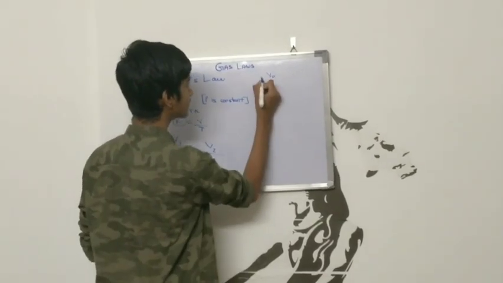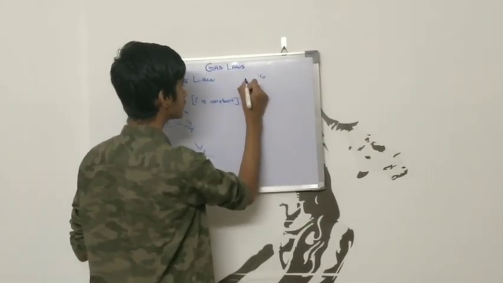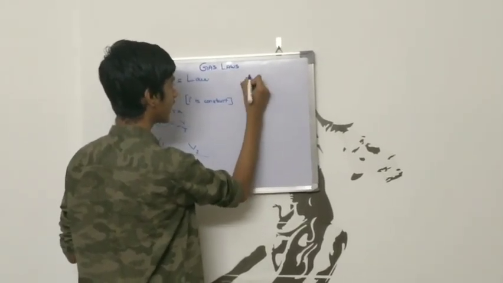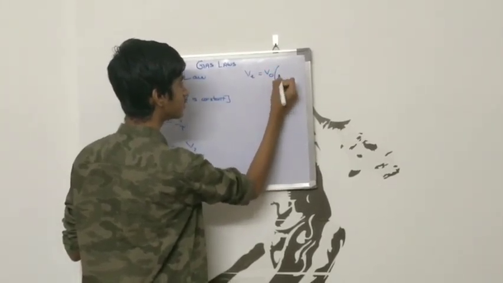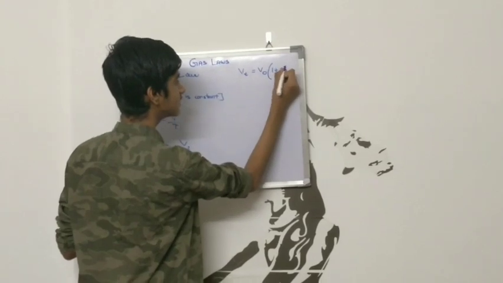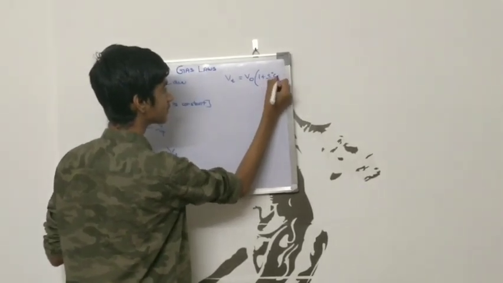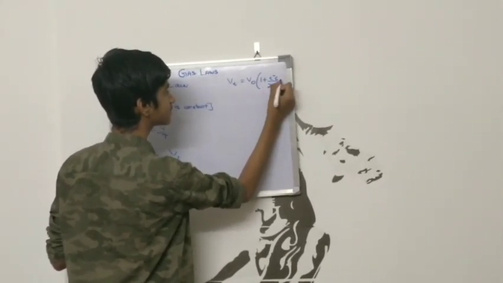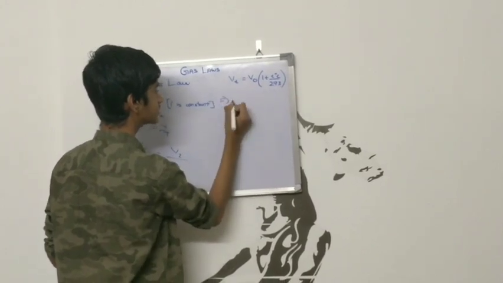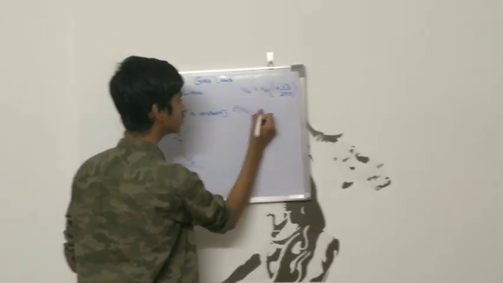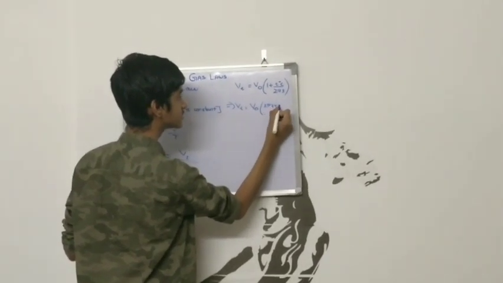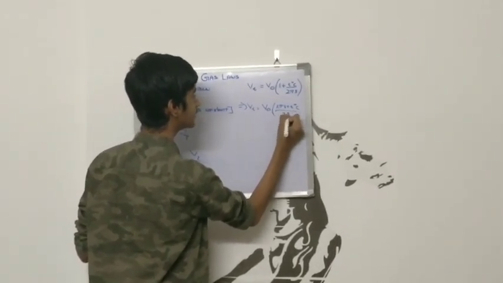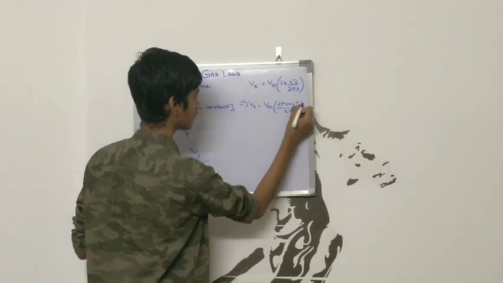So you can write that the volume of the gas at temperature T is equal to the volume of the gas at temperature 0 into 1 plus T degrees Celsius by 273. This can also be written as Vt is equal to V0 into (273 plus T degrees Celsius) by 273.